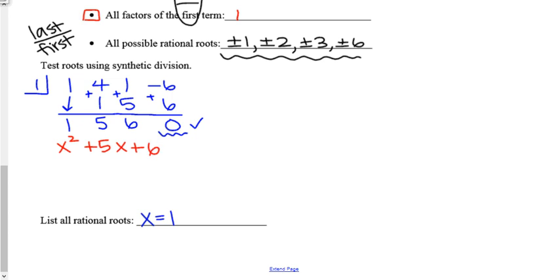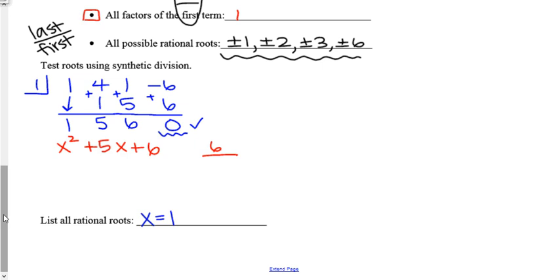And what I'm going to do from here, because it's a quadratic, is if I can factor it, I'm going to factor it. If not, I'm going to go ahead and use the quadratic formula, or whatever works, whatever you can do. I can actually factor x squared plus 5x plus 6 because the a value is 1. So let's see. Factors of 6 that add up to be 5. I'm just going to list them off to the side here.